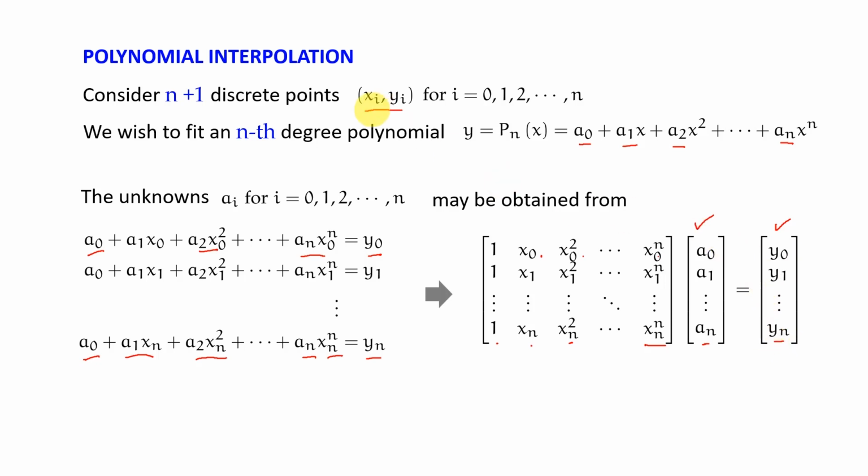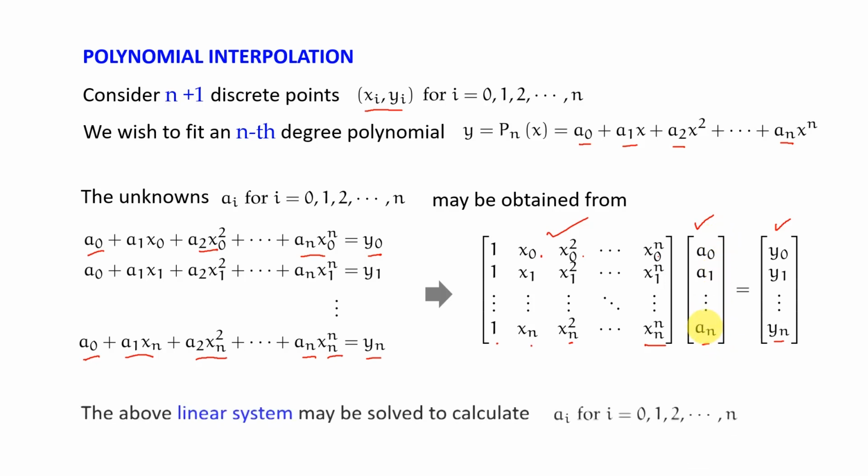Since I know all the points (xi, yi), we can see that we know the coefficient matrix and also the column vector on the right hand side. Therefore, we should be able to find the unknowns a0, a1, an, etc.